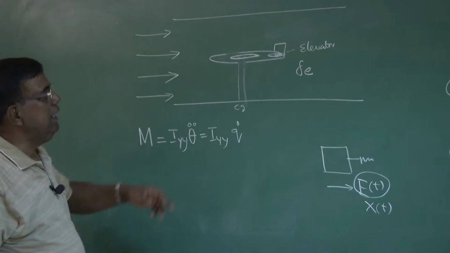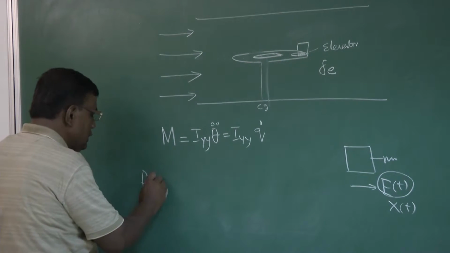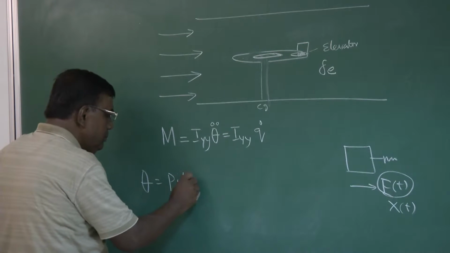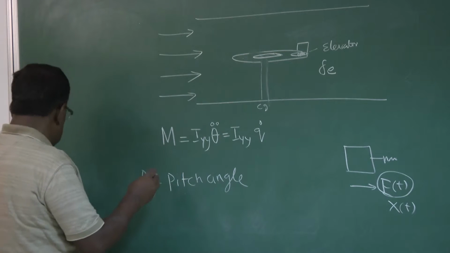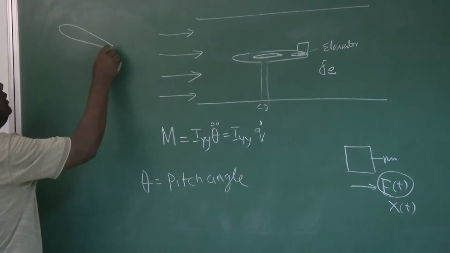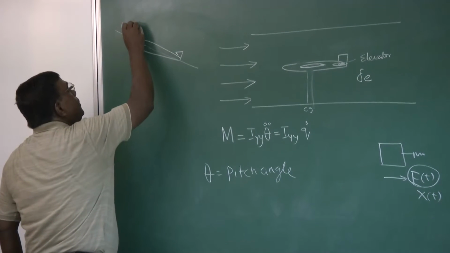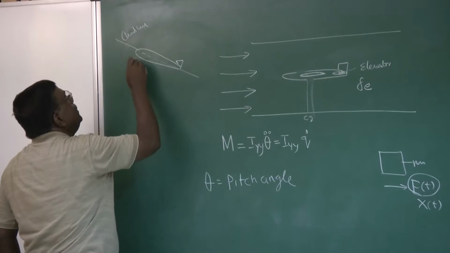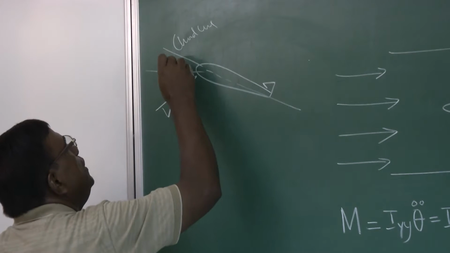Please understand what theta is. Theta is the pitch angle. Just to make you more comfortable, suppose this is the airplane, and this is the chord line. This is the velocity vector, and this is the horizontal.